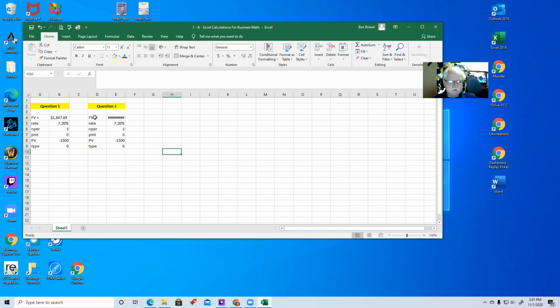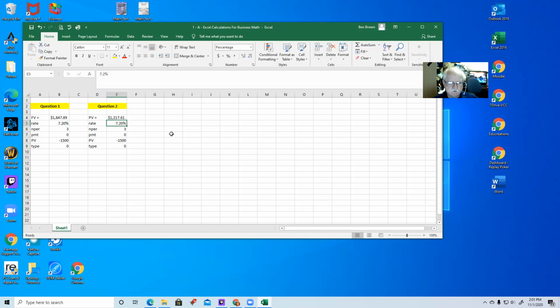And in this case, we're solving for the present value. So this will be PV equals, and over here, this will be PV.